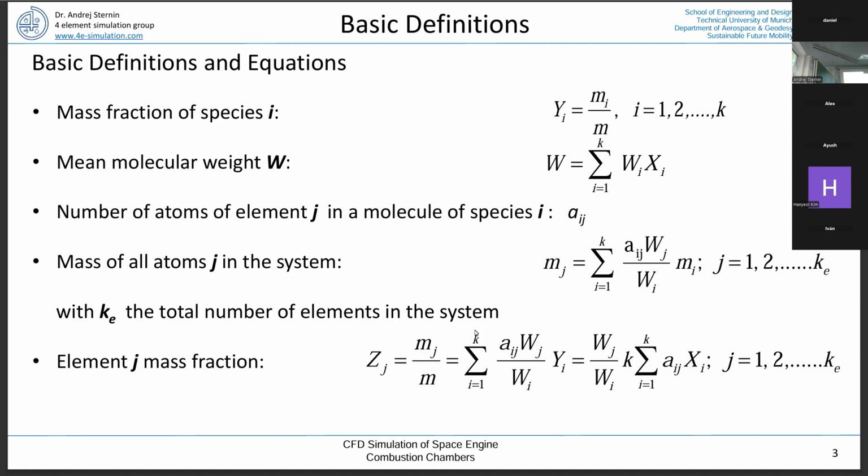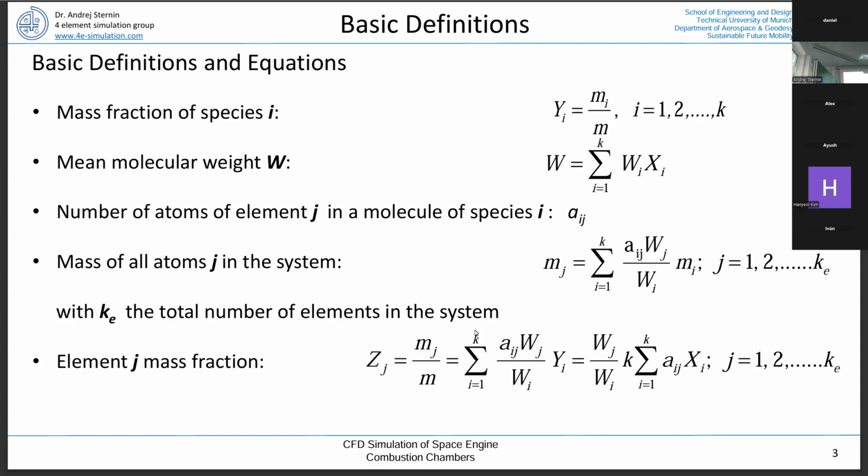And we may even have an element or atom mass function. So the mass of a certain element divided by the total mass in the system. So we see we have the elements, the mass, and the X would be the mole fractions.